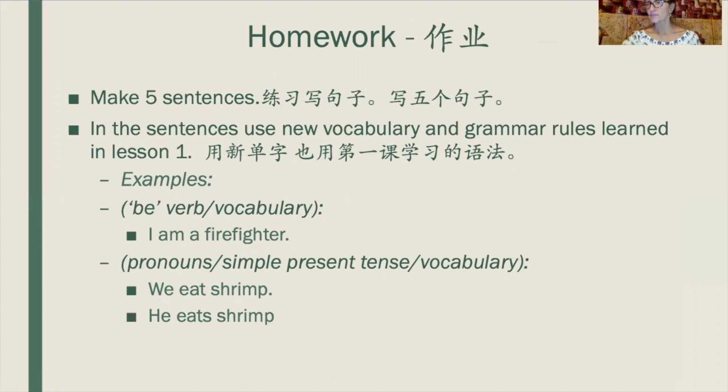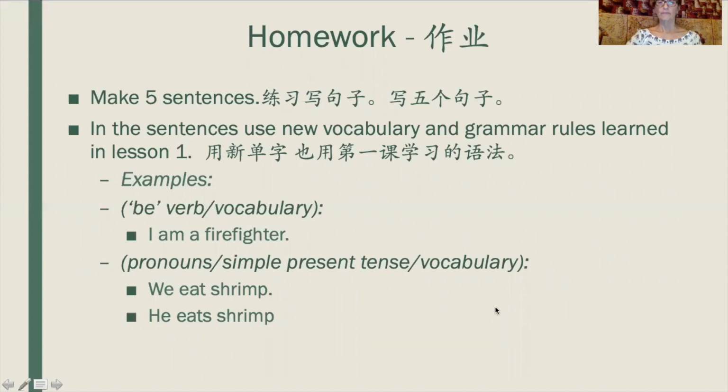So finally, homework. 终于作业. We'd like you to take the vocabulary from this that's in your book, pages 5 and 6, and some of the grammar rules that you learned in this lesson or reviewed in this lesson, because maybe you should have covered that in beginning ESL. But take the vocabulary and the grammar rules learned and write 5 sentences.